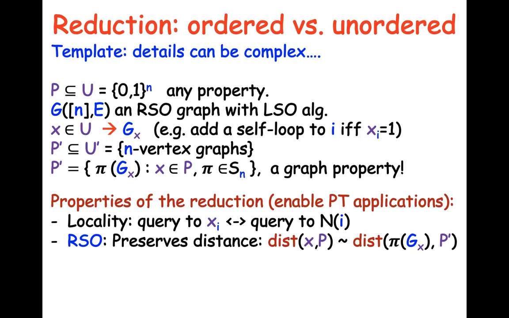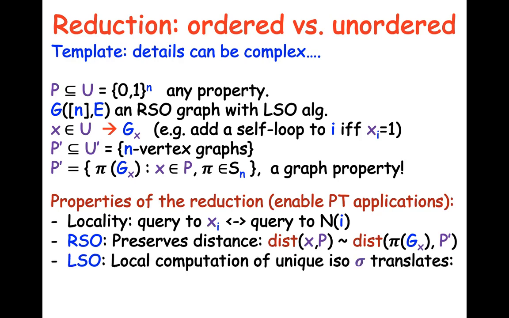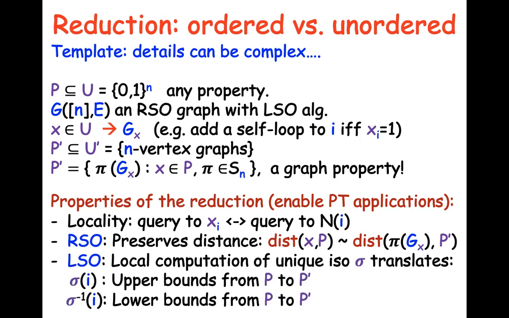So the distance between any x and the original property is roughly the same, up to constants, as the distance of any isomorphic copy of G sub x to the new graph property. And the local self-ordering is used, well, computing the sigma in one direction helps for upper bounds and the other for lower bounds. And of course, both are important if you want to put, let's say, a gap between adaptive and non-adaptive algorithms. We need both upper and lower bounds.